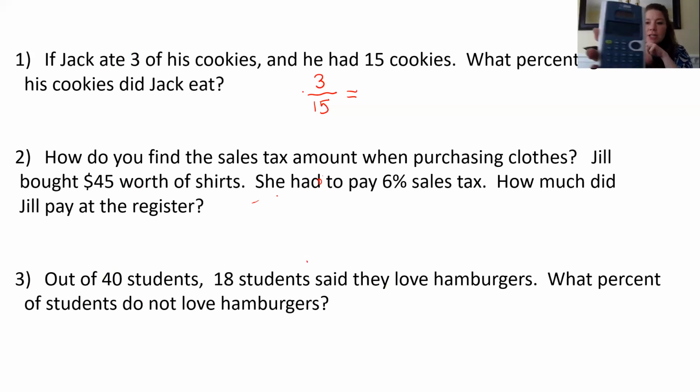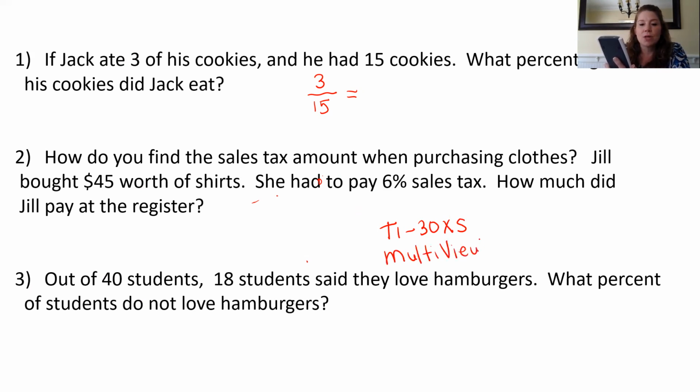So in our calculators, hopefully you have one or you can get one. I encourage you guys to get a calculator called the TI 30XS Multiview calculator. This is a great calculator.